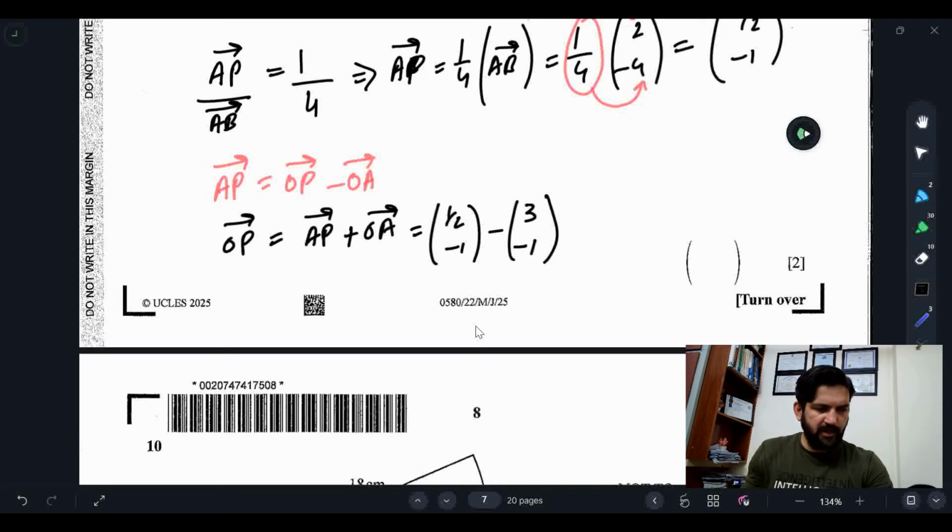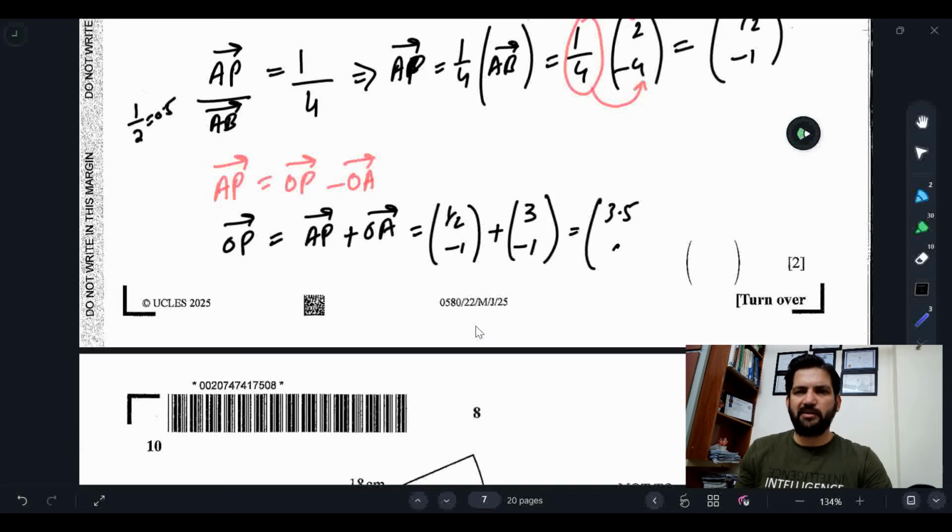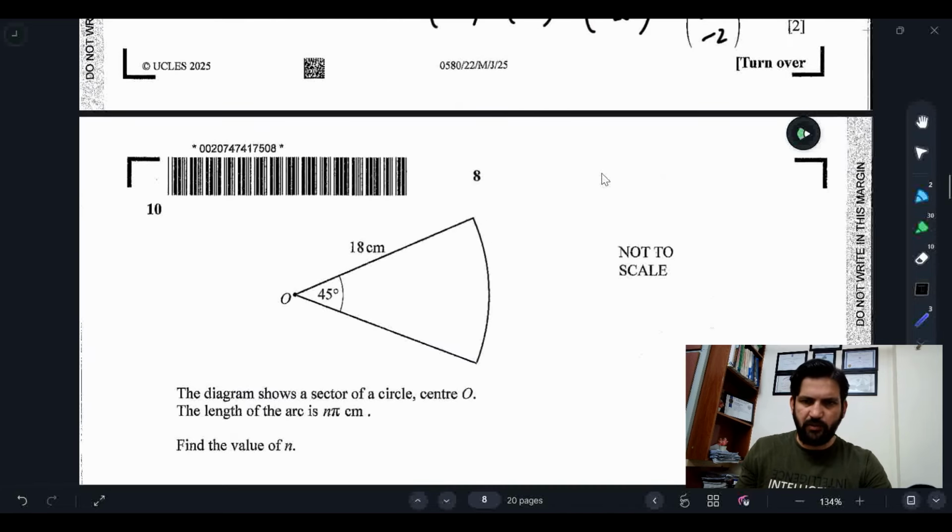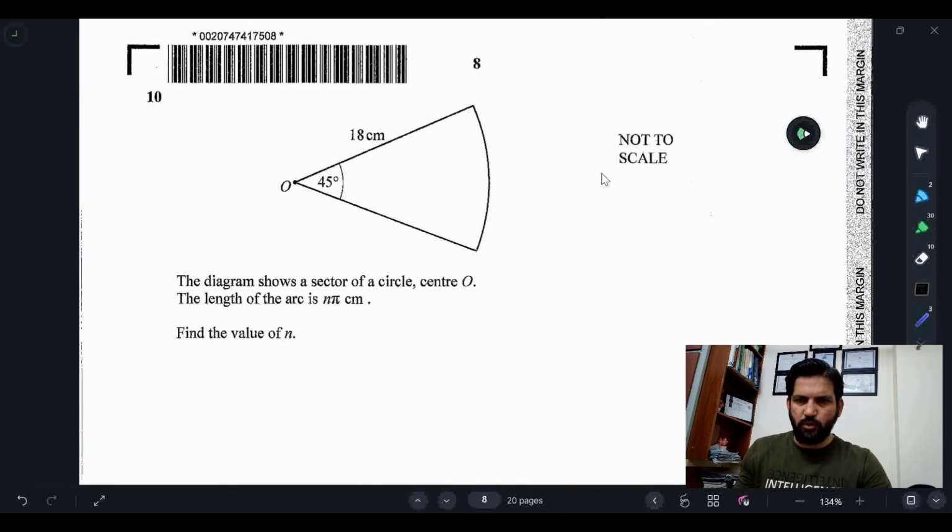So we have to write it like (3, -1). Okay, this should be plus over here. So if we add it, 1 by 2 is basically 0.5. So we can write it as (3.5, -2). So (3.5, -2) will be the final answer.